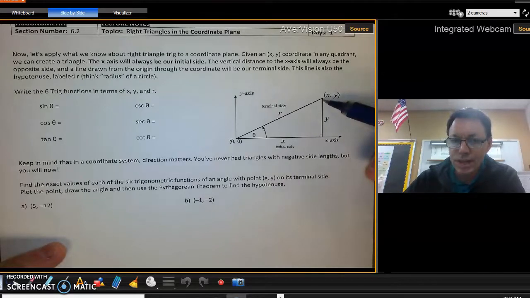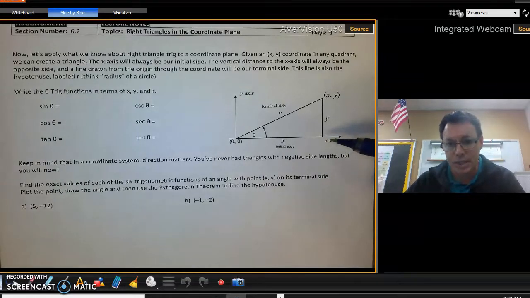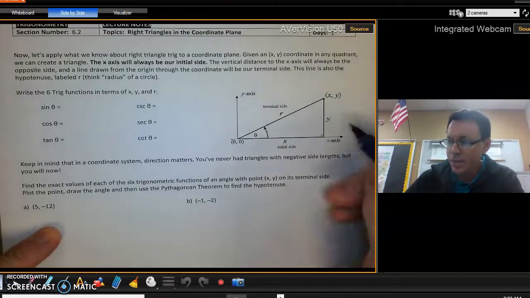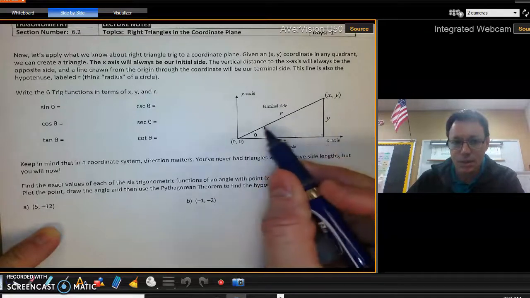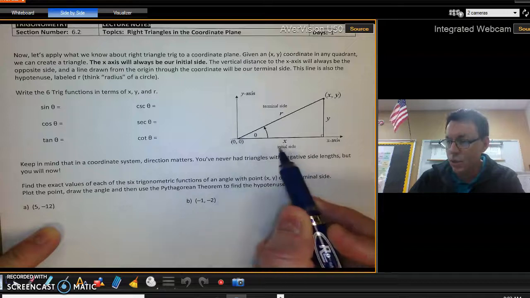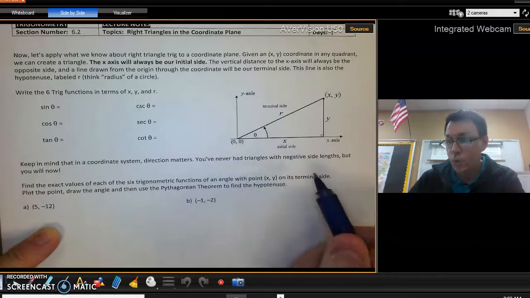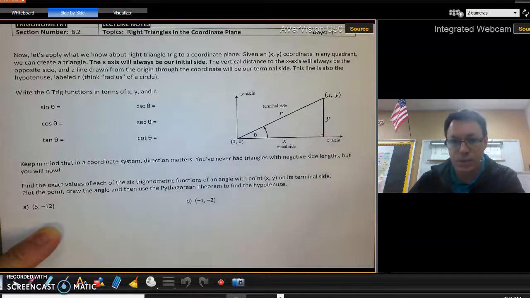If we draw a line straight down to the x-axis, and we're always going to draw lines to the x-axis, that is going to be the side that's opposite of our angle. And the x-axis will always be our initial side of the angle, or the adjacent side of this triangle that we just drew.